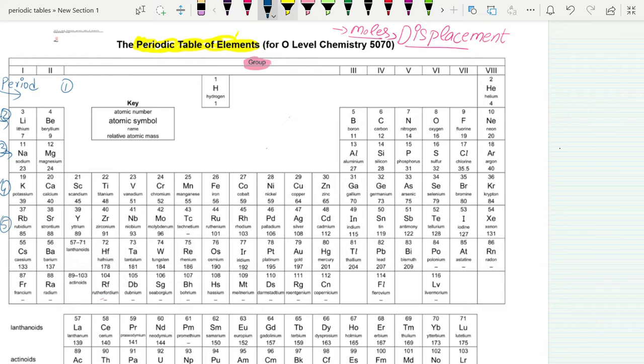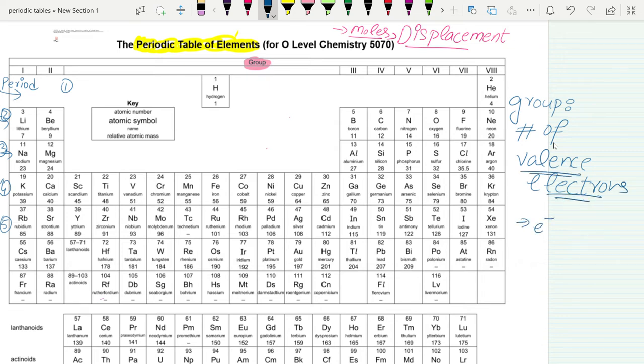Now, what does the group tell us? The group tells us the number of valence electrons. Now, what do valence electrons mean? The valence electrons are the electrons in the outermost shell.